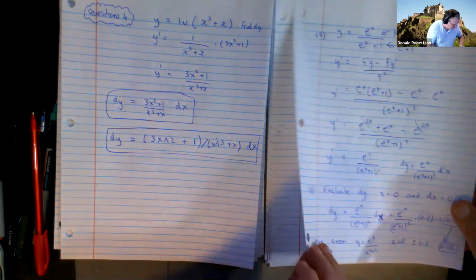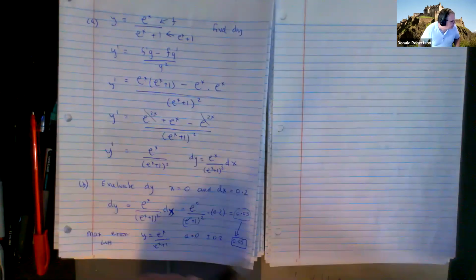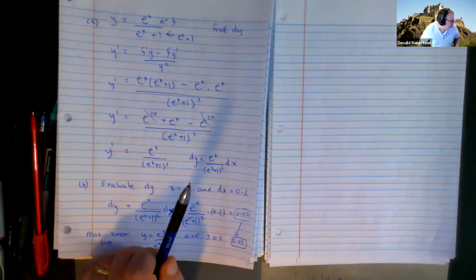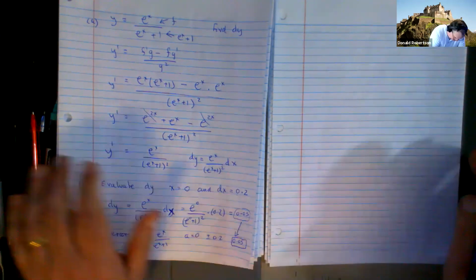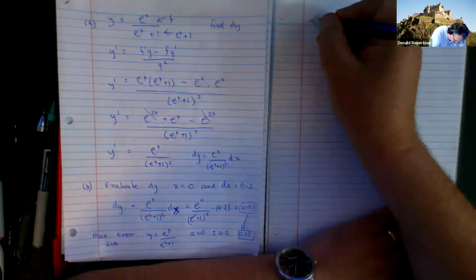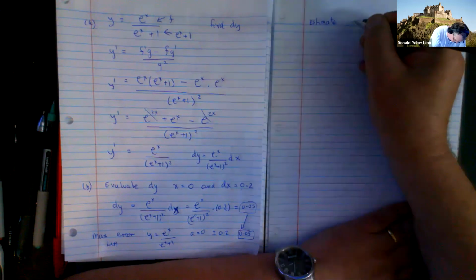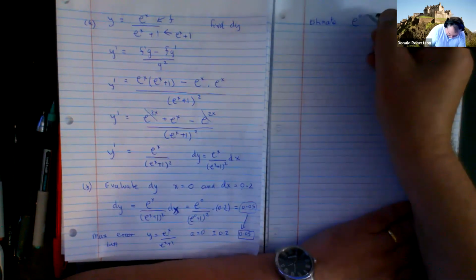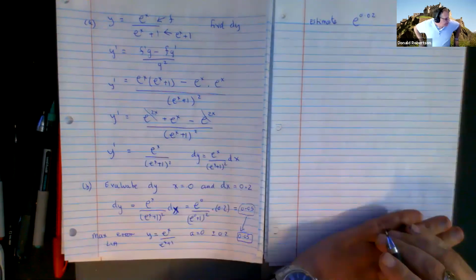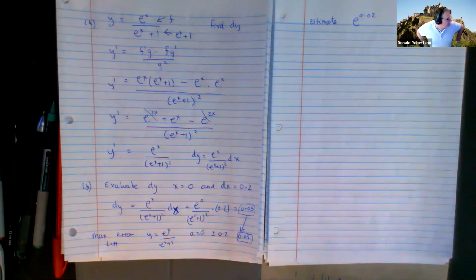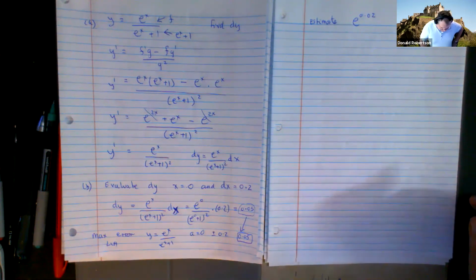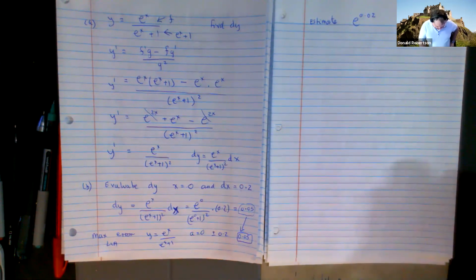Okay, let's try another one of that type of question. Suppose you're being asked to estimate e to the 0.02, and you can do it using a linear approximation technique.